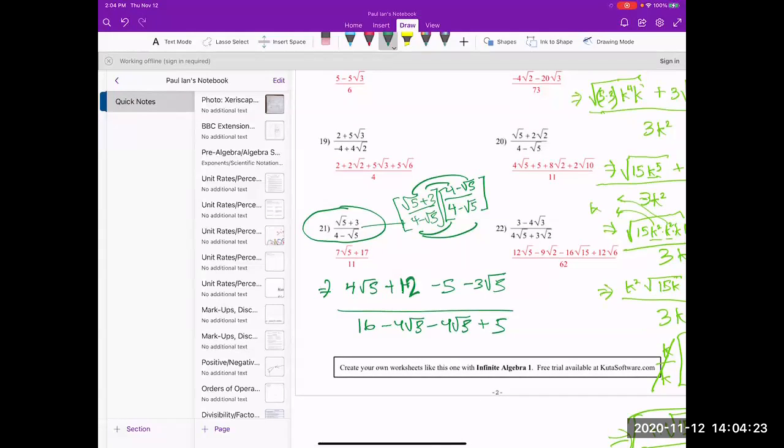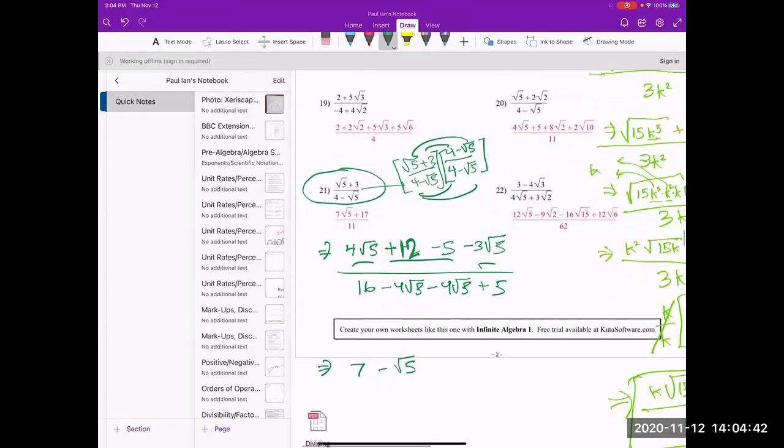Okay. And what would you do next after this? Add or subtract like terms. Combine like terms. Okay. So this one is 12 minus 5, so that's 7. And then this one is minus root 5. And then 16, that's 21.